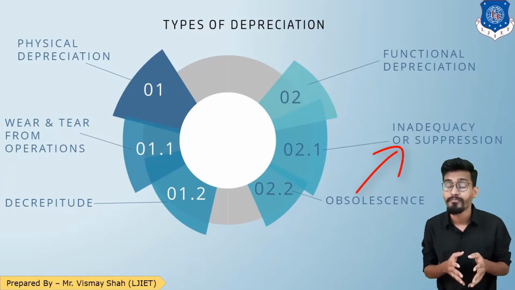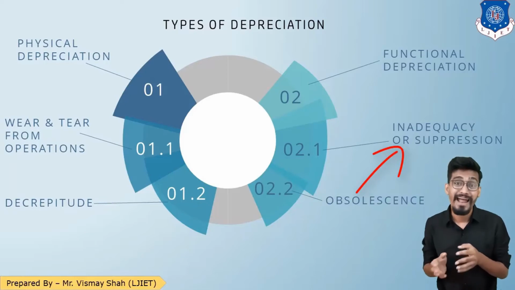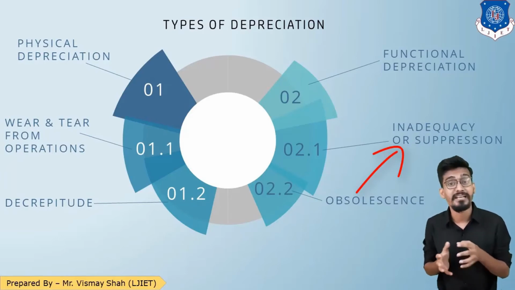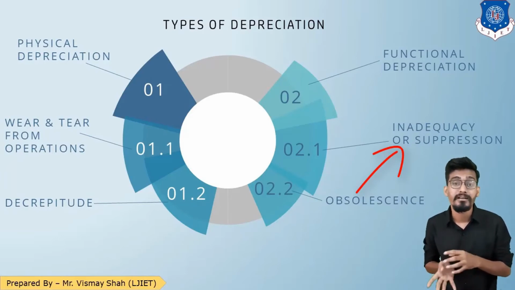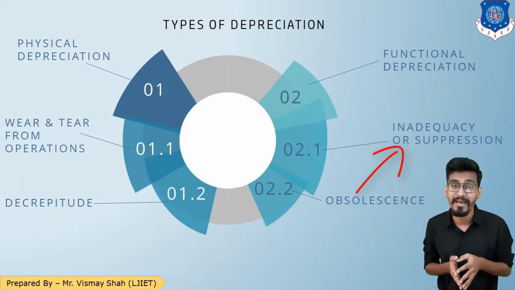For an example, if I purchased a home in Kalupur area, but now I am using it as a storage or a warehouse, then the property will decrease its value considerably because I have purchased a residential house but I am using it as a warehouse.